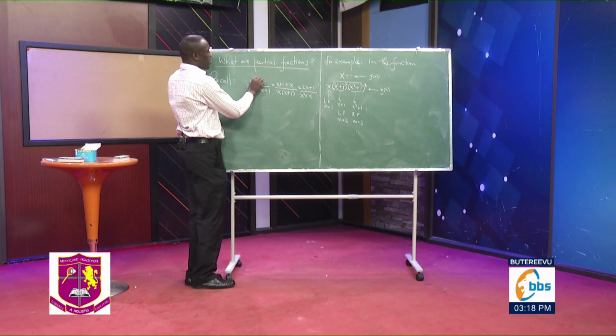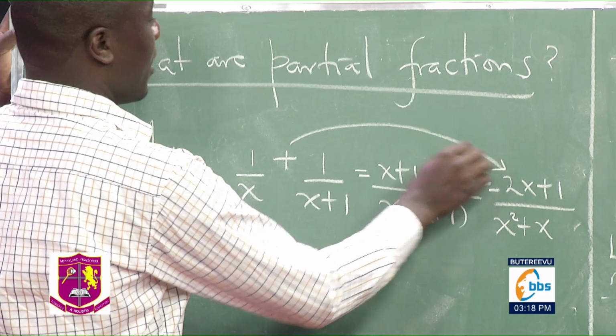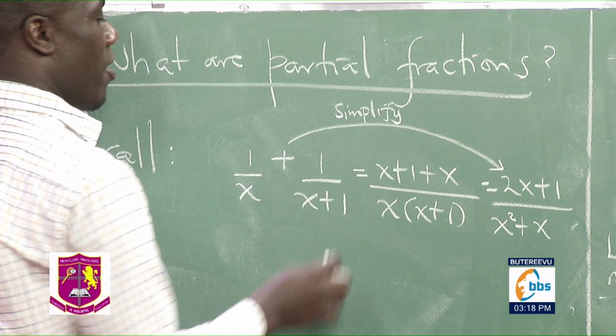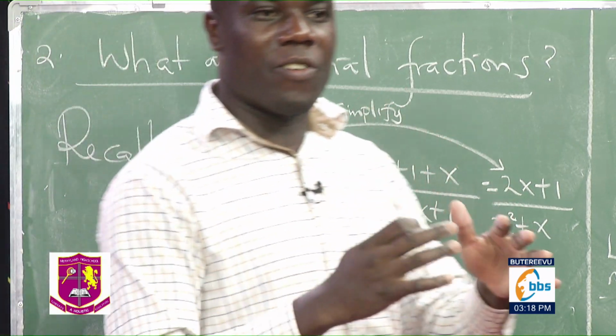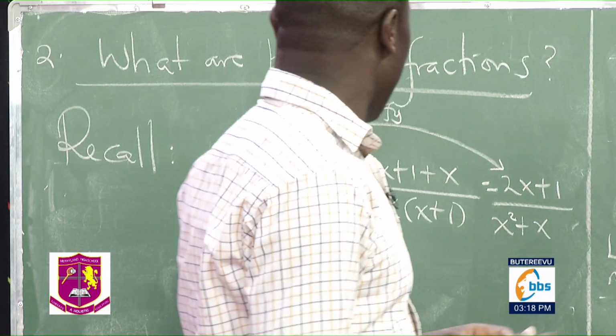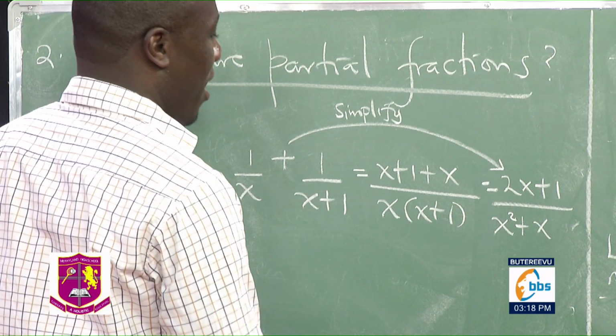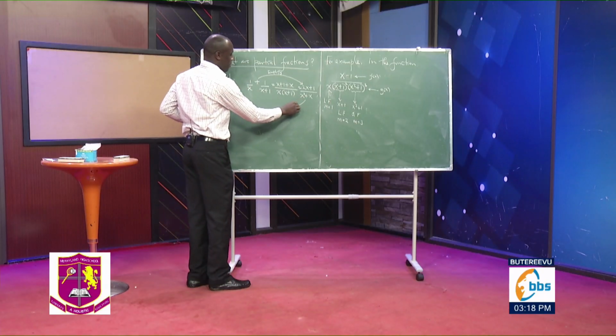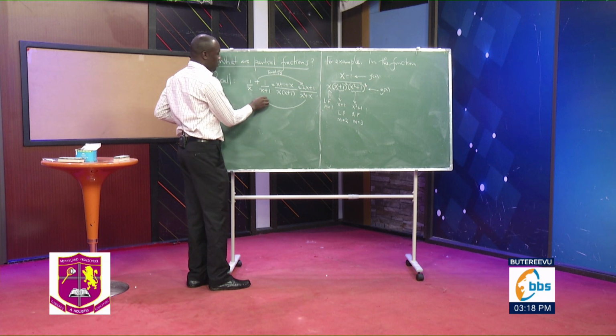So here, what you were doing, they were telling you to simplify, and that is what you did. In other words, you were compressing, you were writing a compressed form.